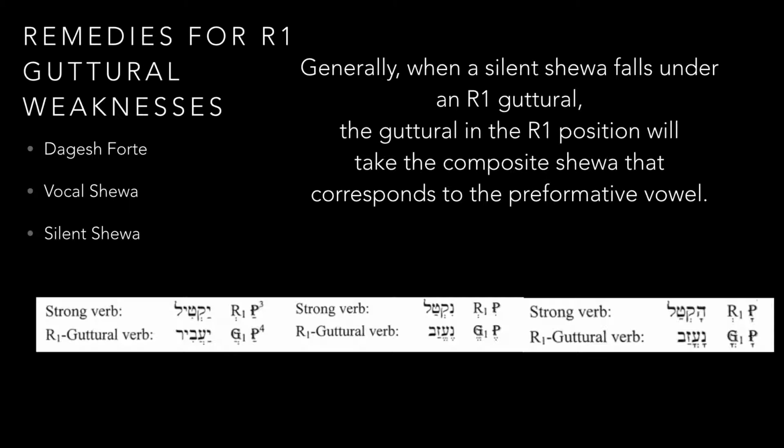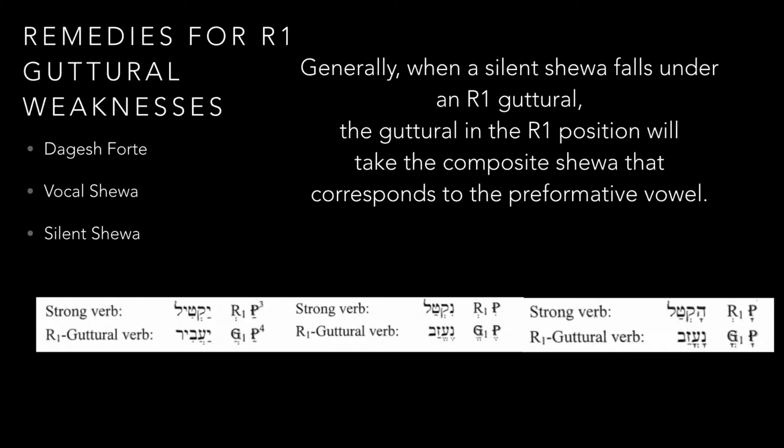Moving to the next one, we have the segol. Again, remember the E vowel class. We have niktol that becomes ne'ezav. So we don't have a hataf hirik composite schwa, so we have to move to the hataf segol composite schwa that we have in that vowel class, which is the E. Okay, and then in the O vowel class we have hoktal that becomes no'ozav.